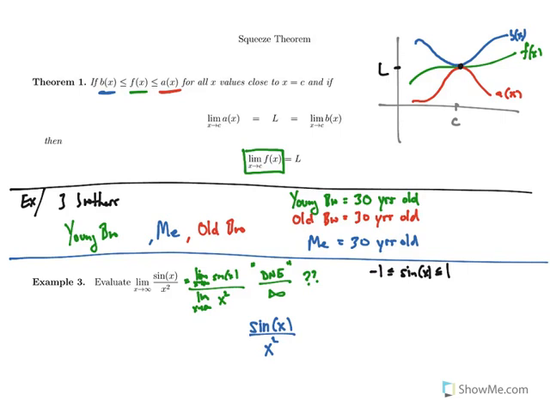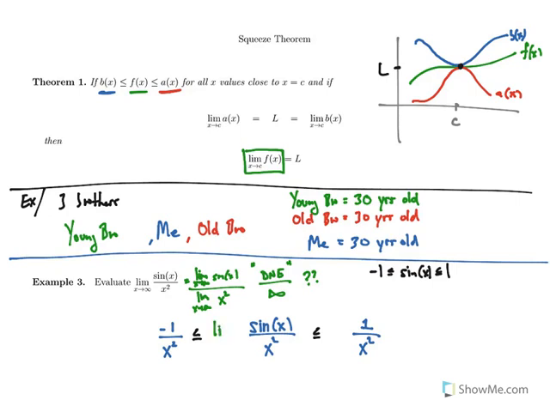It's always trapped in between those values. So I'm going to write this little inequality here: sine of x over x squared is always less than 1 over x squared, and sine of x over x squared is always greater than -1 over x squared. That's true just because sine is trapped in between -1 and 1.